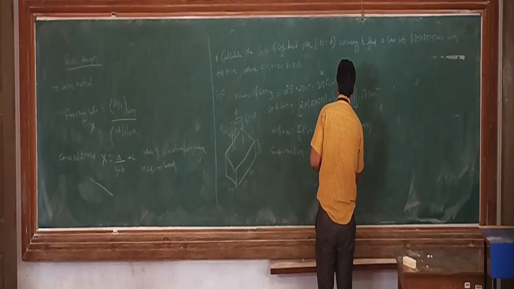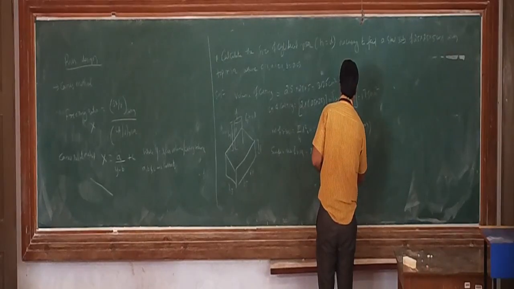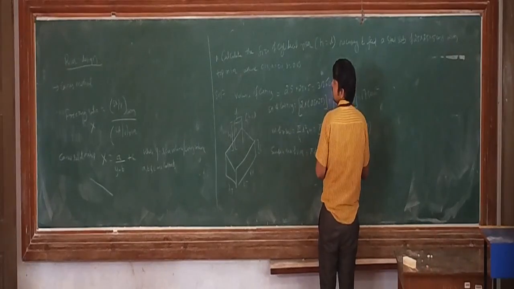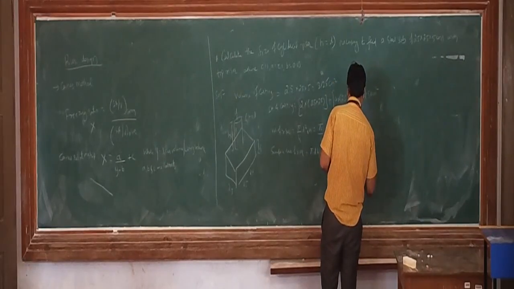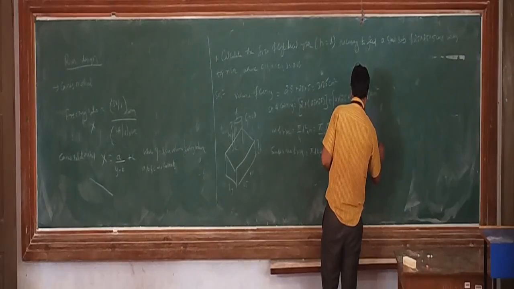That is pi into d square plus pi by 4 d square. So in totality we get it as 1.25 pi d square.